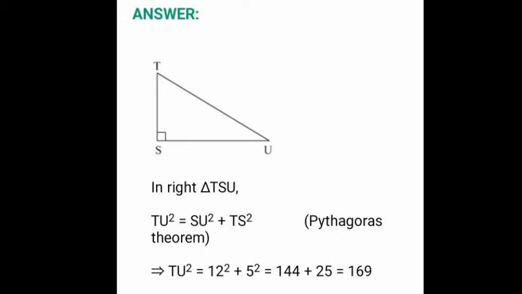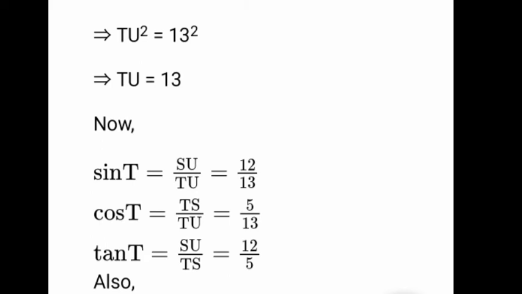Then TU square is equal to 12 square plus 5 square, which is 144 plus 25, which is equal to 169. Next step, TU is equal to root of 169, which is equal to 13. So you can write TU is equal to 13.